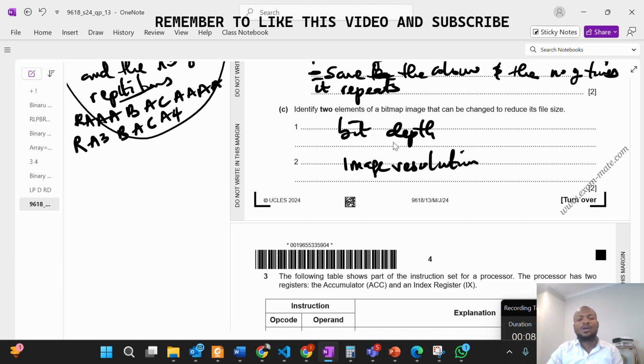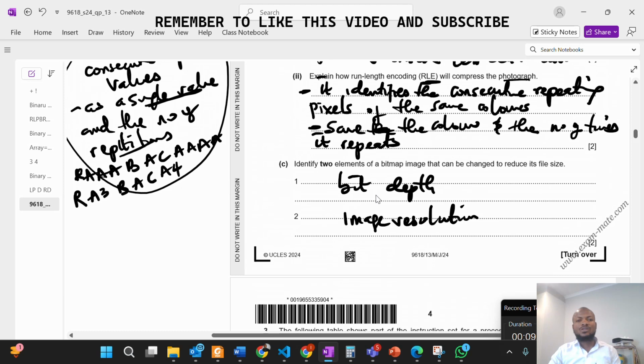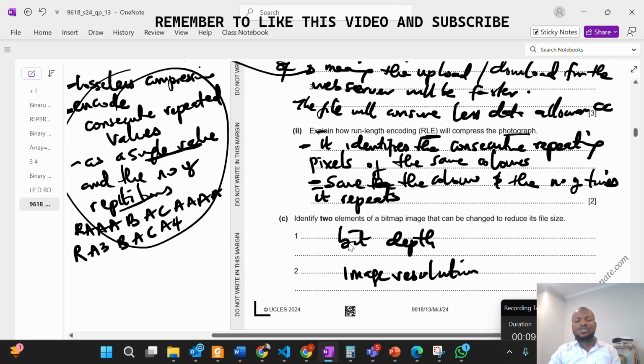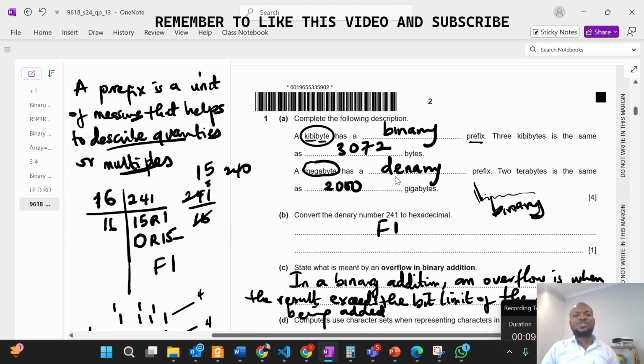If you are not sure, remember when we calculated this file size, I said that the file size of a bitmap image is determined by the image resolution and bit depth. So when you manipulate the image resolution and the bit depth, you get a reduced file size. Is that understood? So the answer is to change the bit depth and image resolution. These are questions on information representation of data from the curriculum.